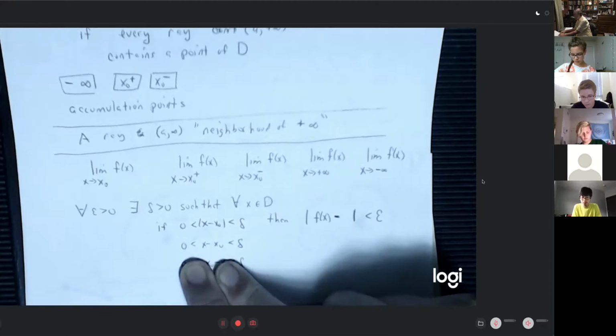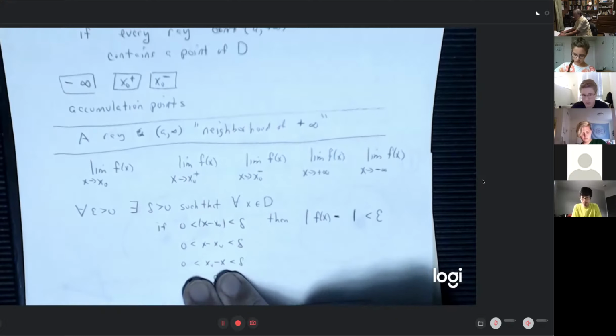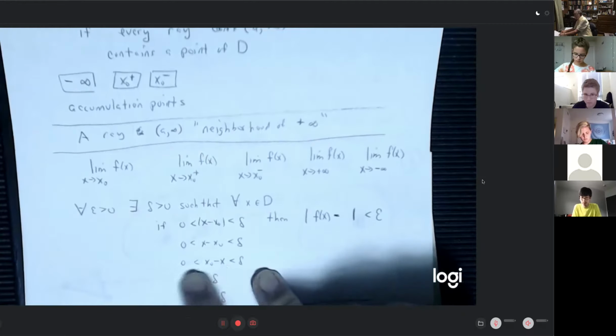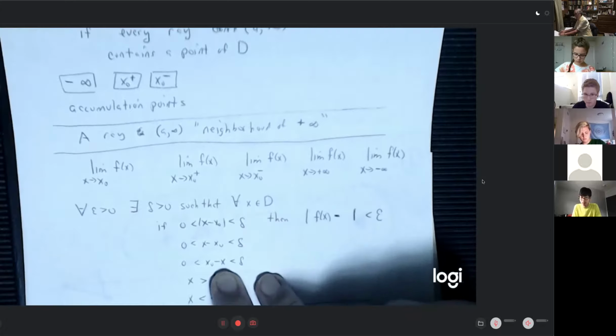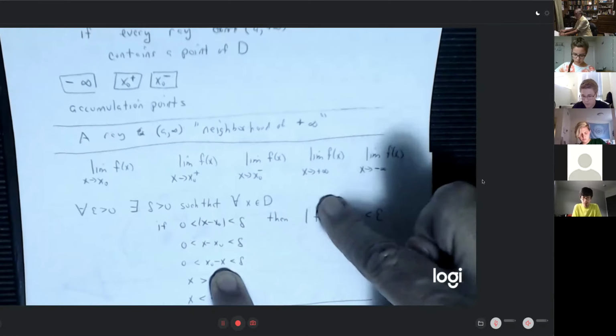If on the other hand, instead, I write x naught minus x, if I turn them around, now I'm staying to the left. This is the definition you put in for the left-hand limit; we insert this in instead of the one up here. Nothing else changes in this definition.